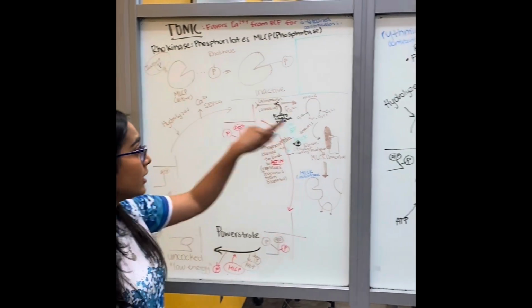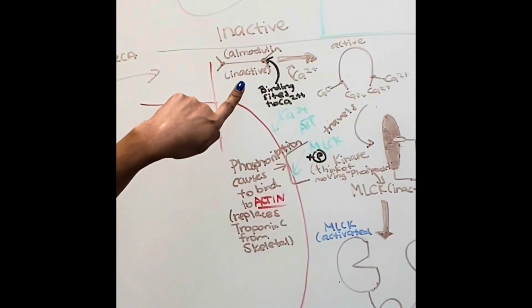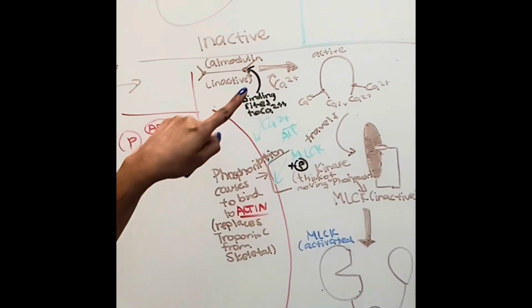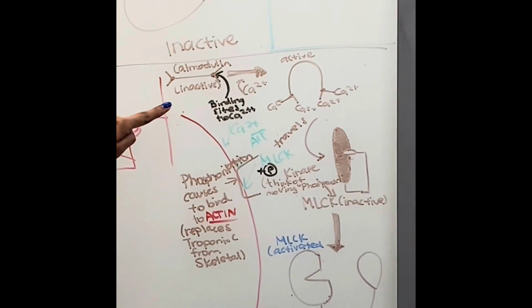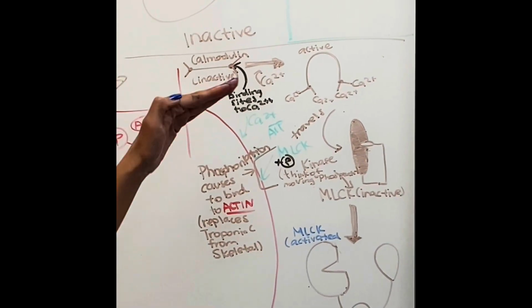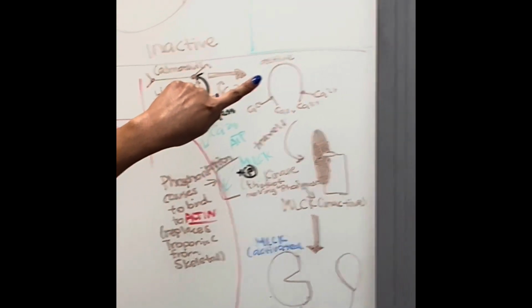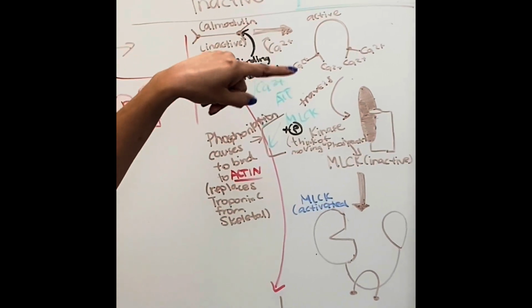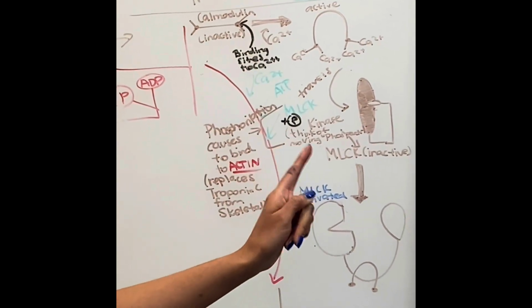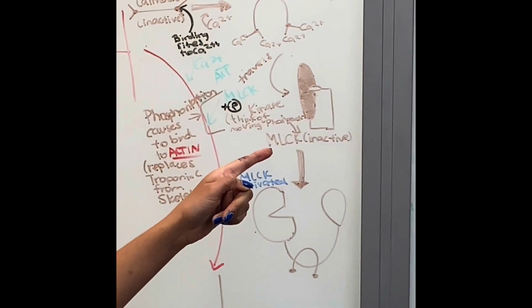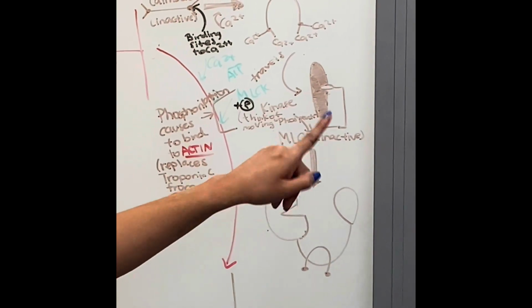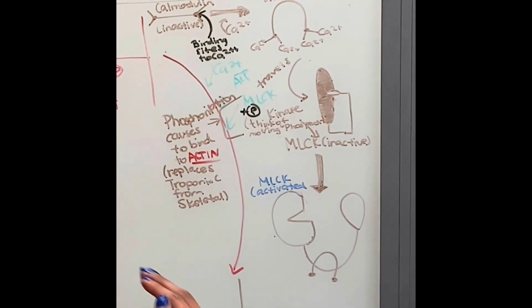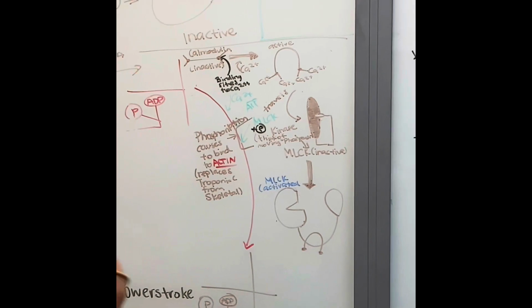Let me explain. You have your calmodulin here. It's inactive right now, and as you can see, it has 4 calcium binding sites. Once you bring calcium in, you have 4 calciums bound and it changes its conformation. Then it travels to your MLCK, which is inactive right now. It's as if it has something in its mouth, like braces.